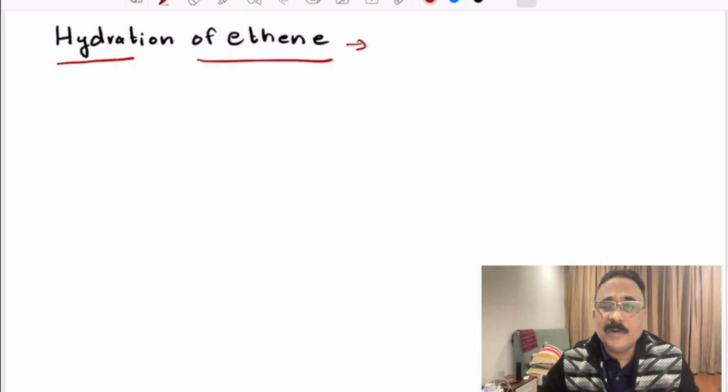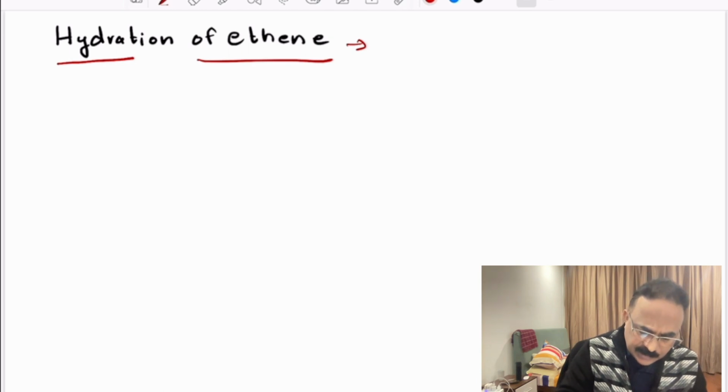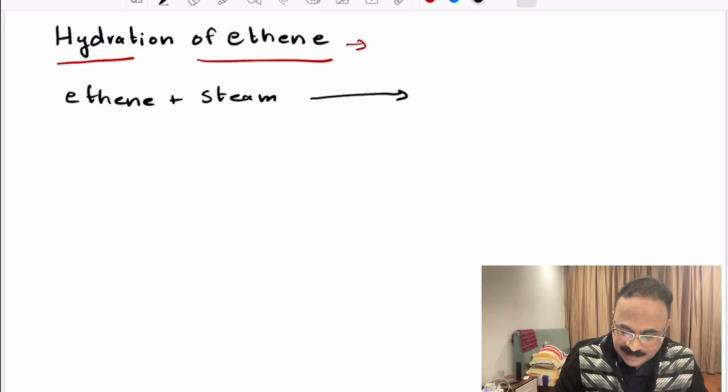Now in this method, what we do is we will take ethene, plus we'll take steam, and then we will pass it through a catalyst, that is phosphoric acid.